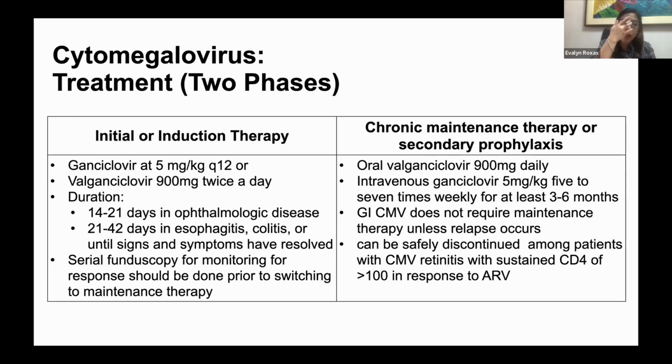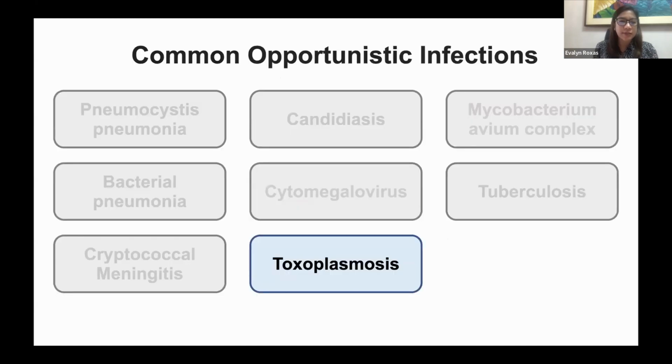What's the treatment for CMV infection? Just like for crypto, there are two phases. With CMV, the initial or induction therapy, and these are the recommended treatment regimens for CMV infection. This initial therapy is followed by chronic maintenance therapy or secondary prophylaxis.